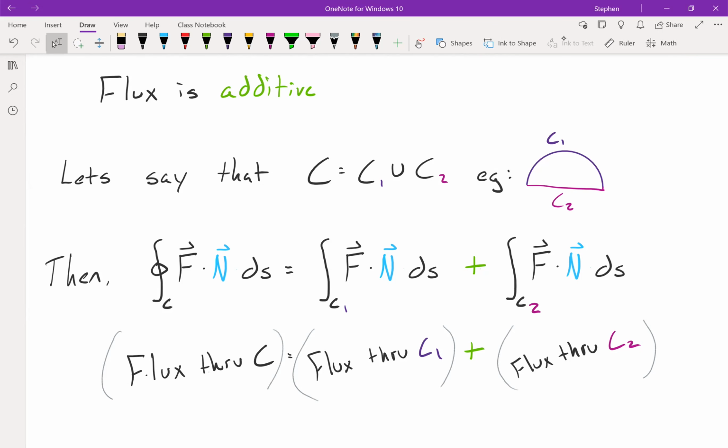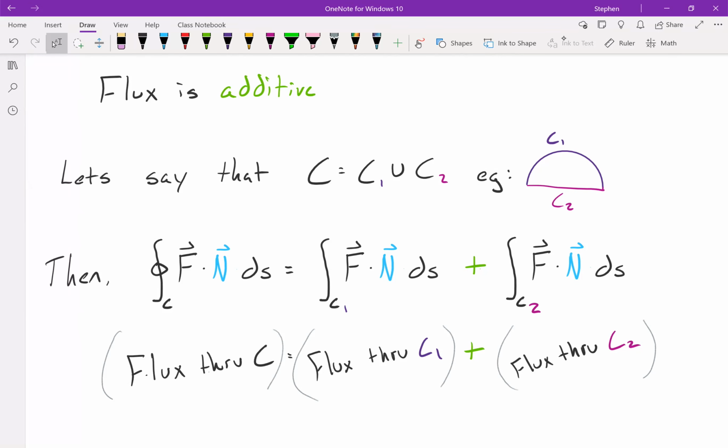But anytime the circle's there, it means we're still doing an integral. It's just that whatever loop or curve we've decided to integrate along is a closed loop. So when we do a line integral with a circle in the middle, it just means that our curve is closed. And later on, when we look at surface integrals that will also sometimes get a little circle in them, it just means that whatever surface we're looking at is a closed surface.